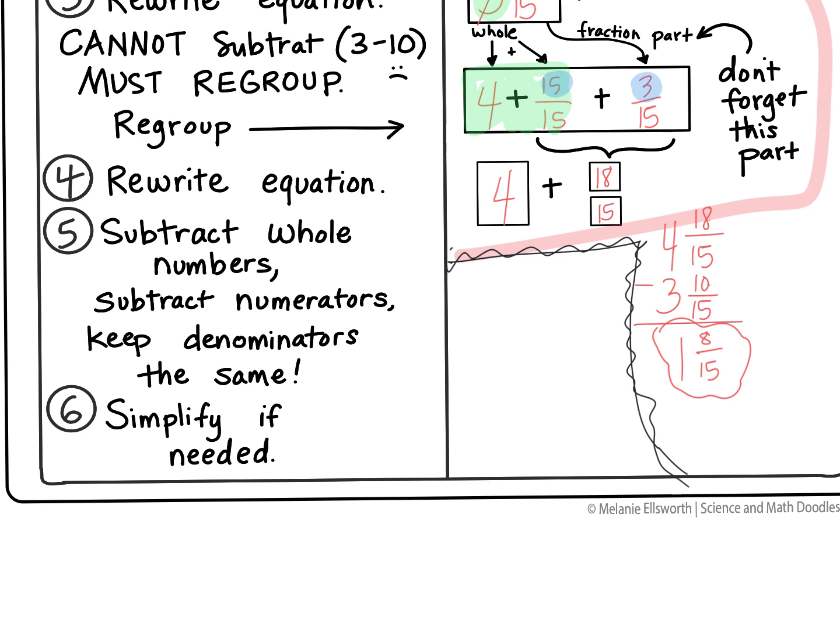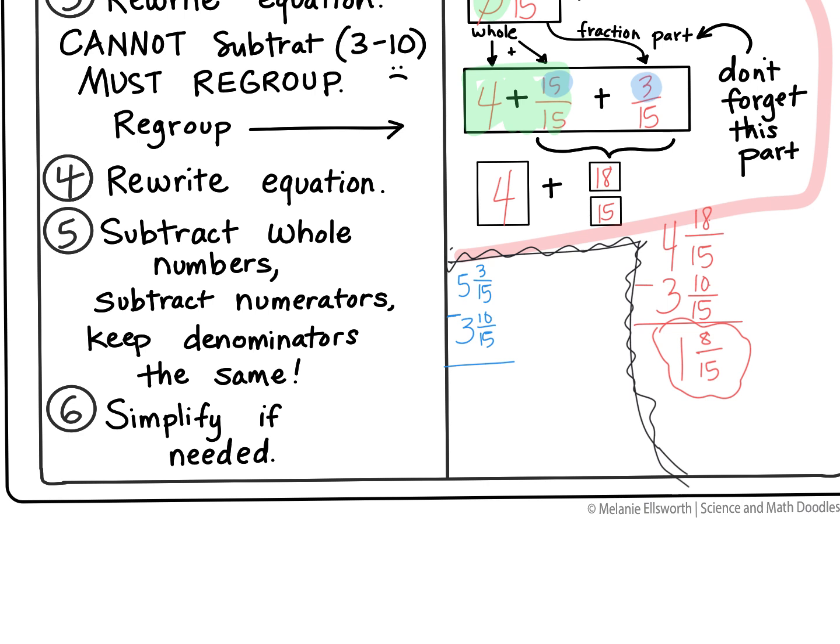And what I would do is take my original numbers that I created. Remember, when I rewrote them with common denominators, I had 5 and 3/15 minus 3 and 10/15.